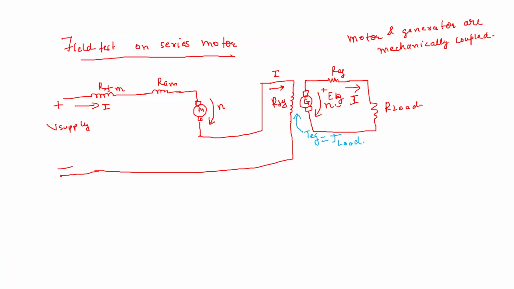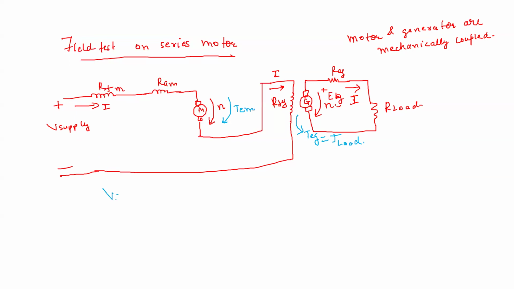But the electromagnetic torque due to the motor is in the same direction as the speed, because that is the torque which is driving both of them to rotate in this direction with the speed n.